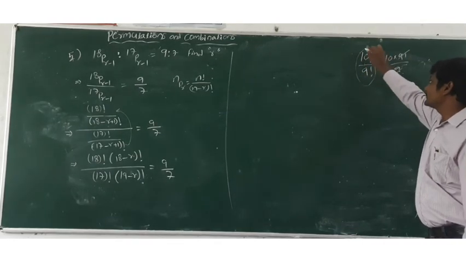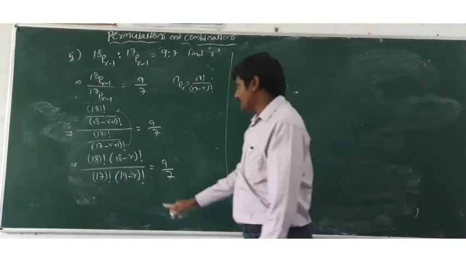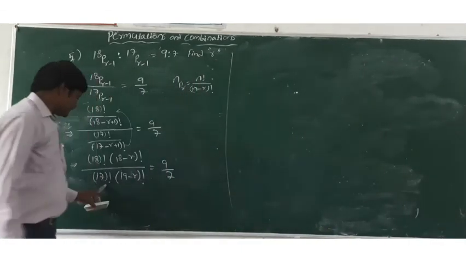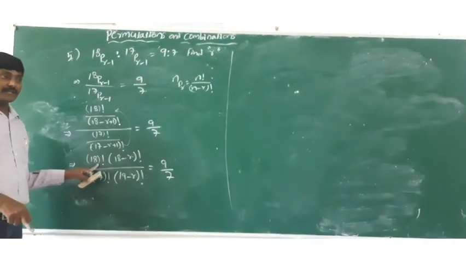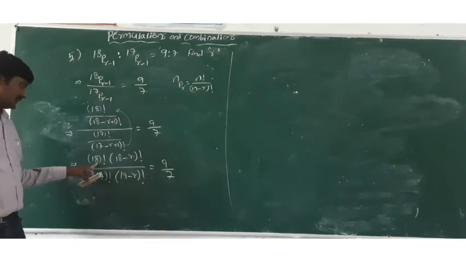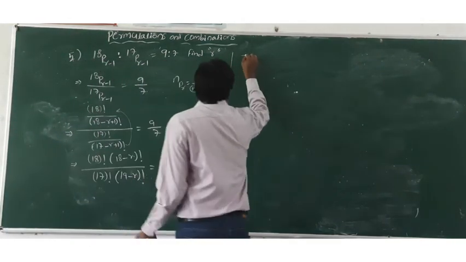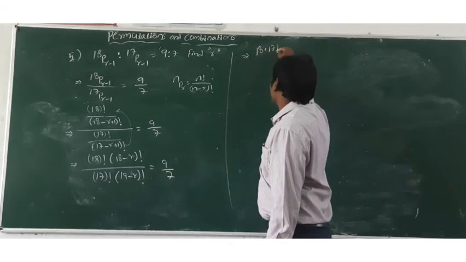Two factorials simplified, and which one is the highest factorial? 18 factorial by 17 factorial: 18 factorial is written as 18 into 17 factorial.